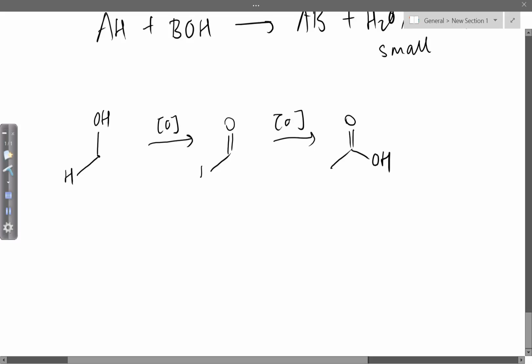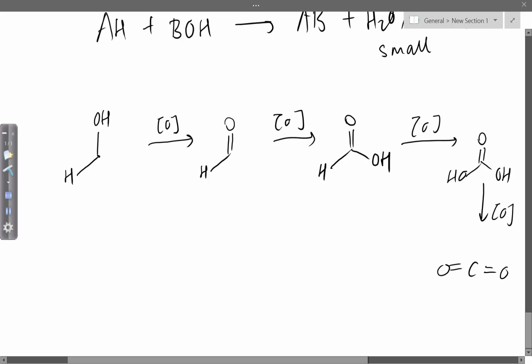And let's say we replace this with a H. So these can be further oxidized to give you this species, which can be further oxidized to give you your carbon dioxide, right? So these are different stages of oxidation.